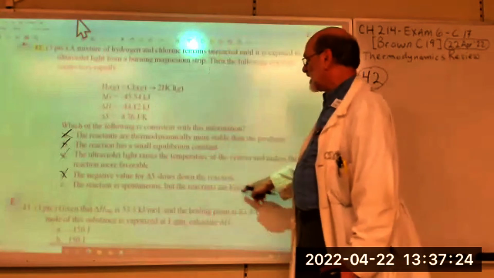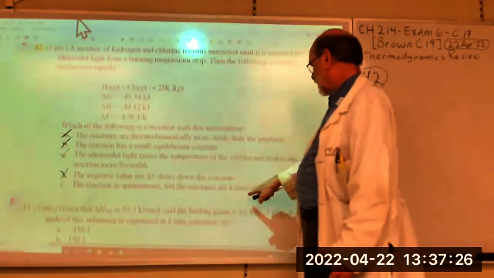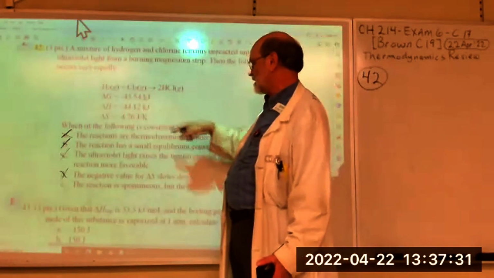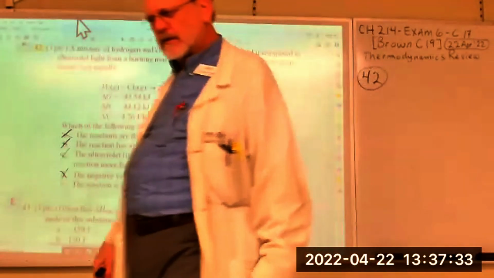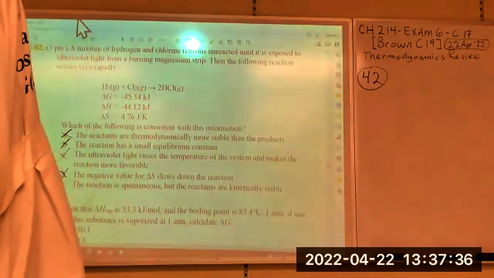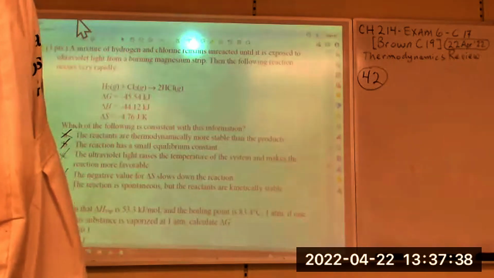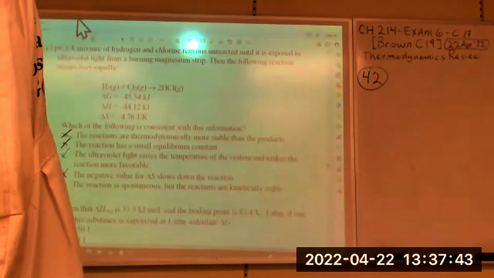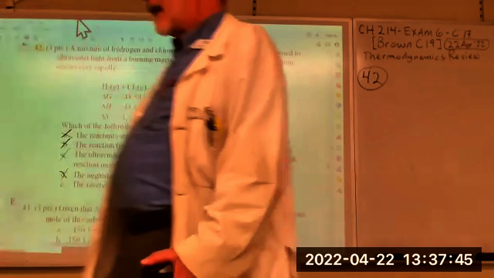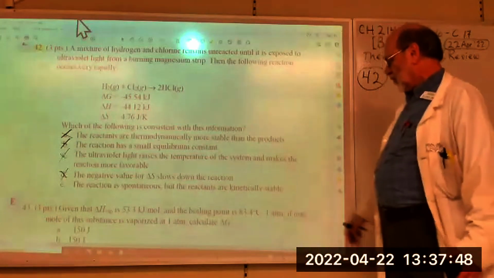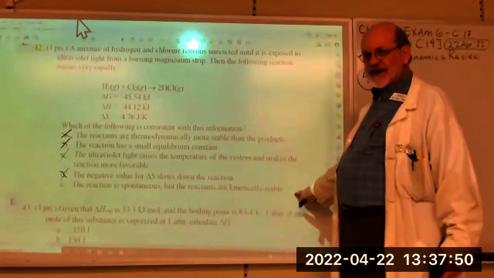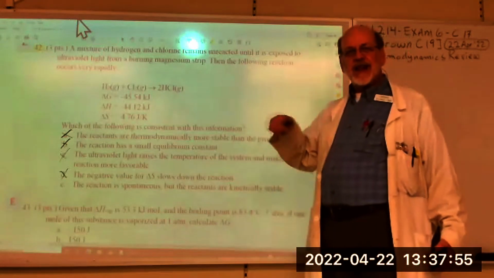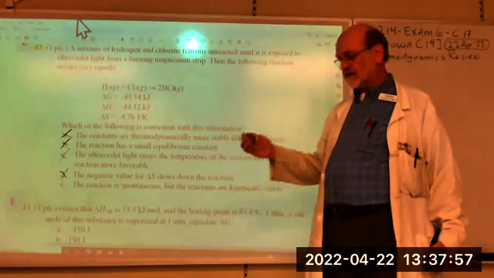The reaction is spontaneous, yes, but the reactants are kinetically stable. I just said you can't say anything about kinetics, didn't I? All right. We're going to stretch here. We can say they're kinetically stable because we had to supply the activation energy.